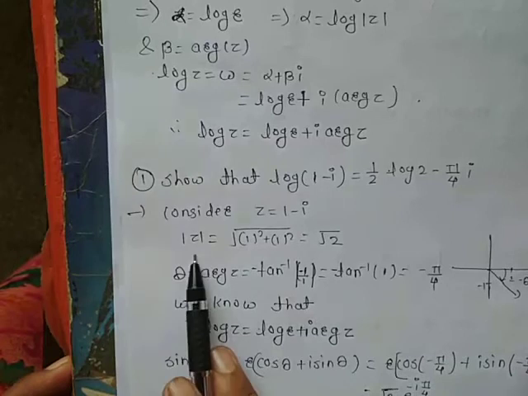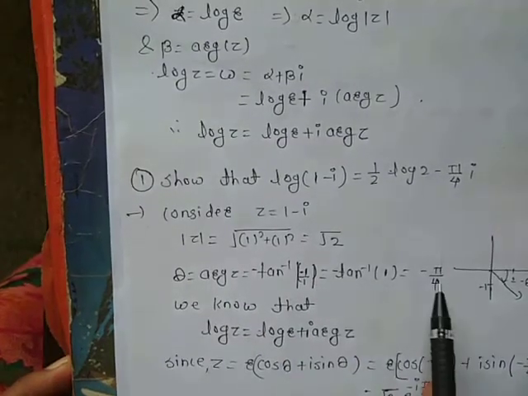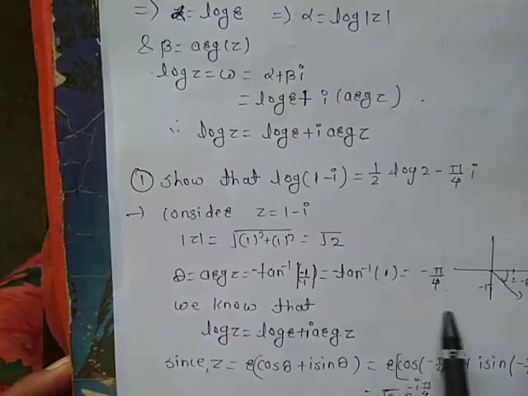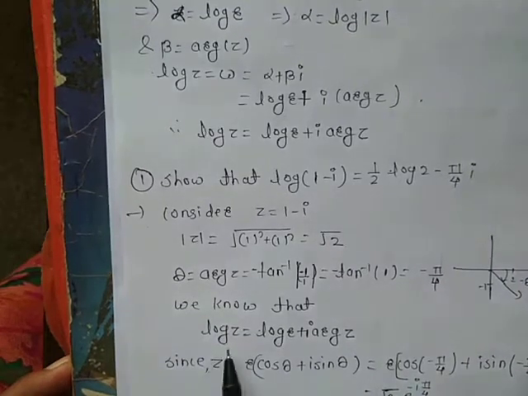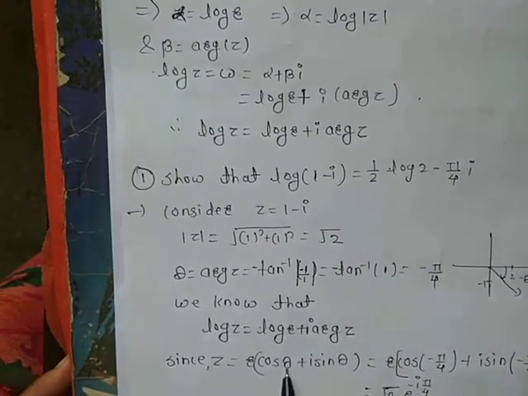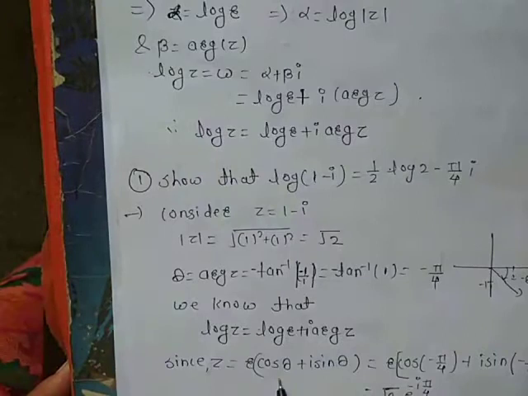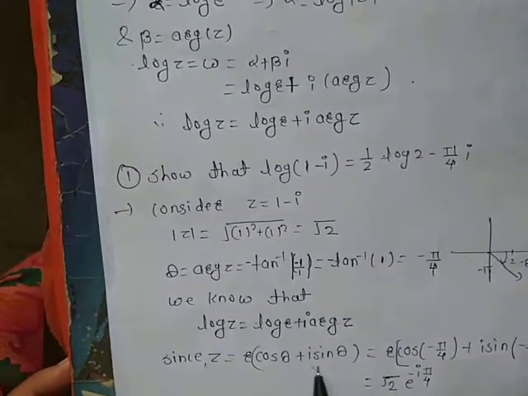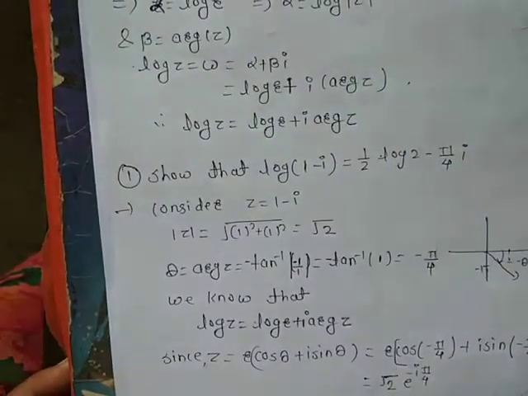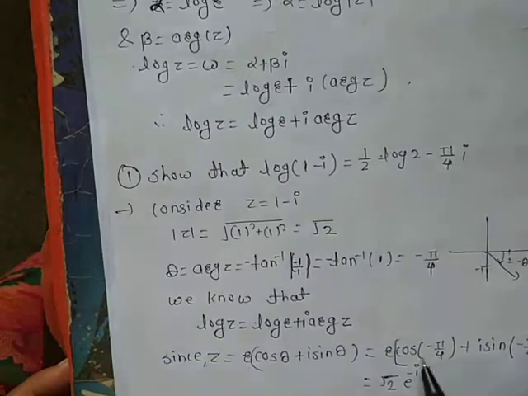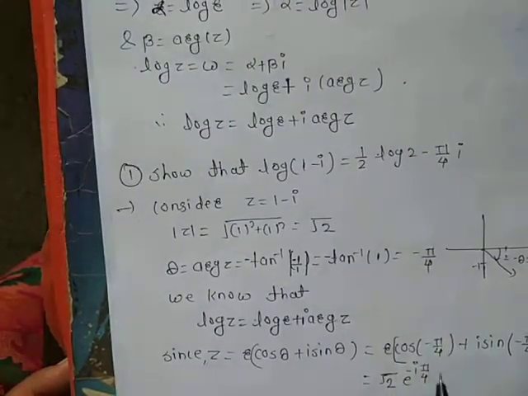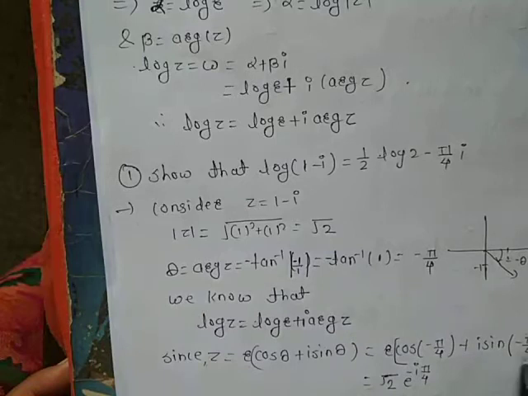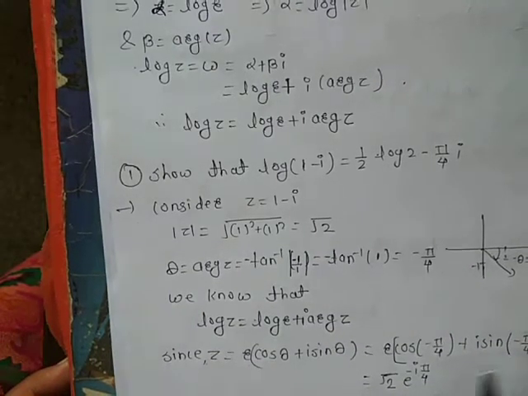Means you will get r is equal to under root of 2 and theta is equal to minus pi by 4. So z can be written as r into cos theta plus i sin theta, where the value of r is under root of 2 and theta is minus pi by 4, so cos of minus pi by 4 plus i sin of minus pi by 4.